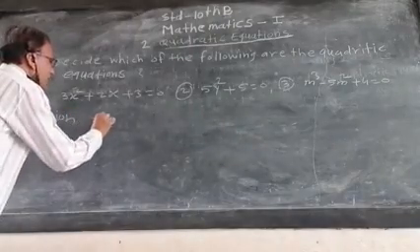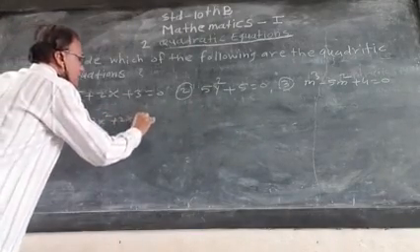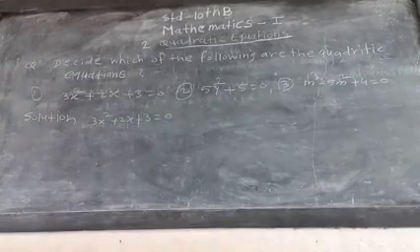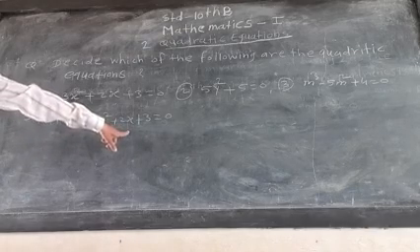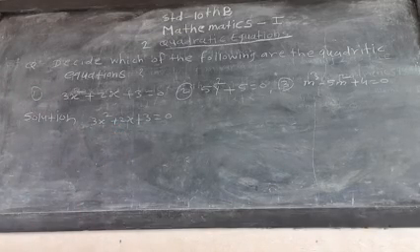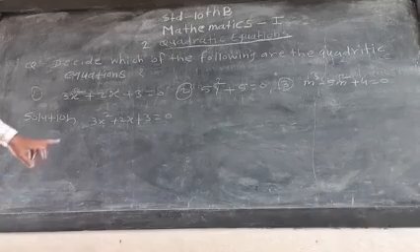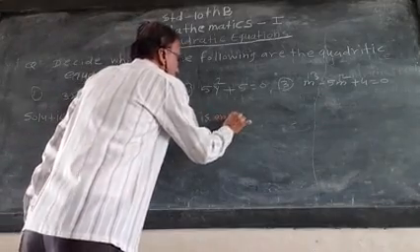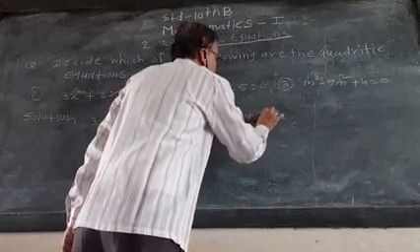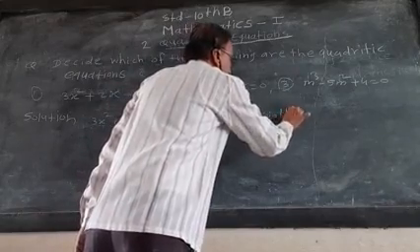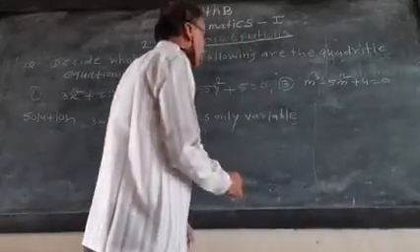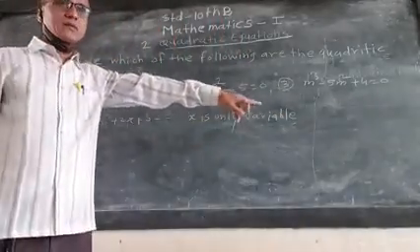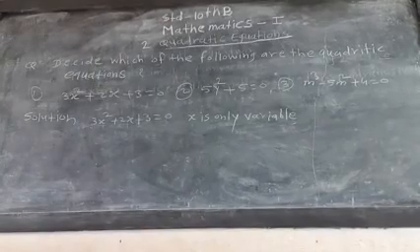In this equation, 3x square plus 2x plus 3 equal to 0, x is the only variable, and the maximum index of the variable is 2.